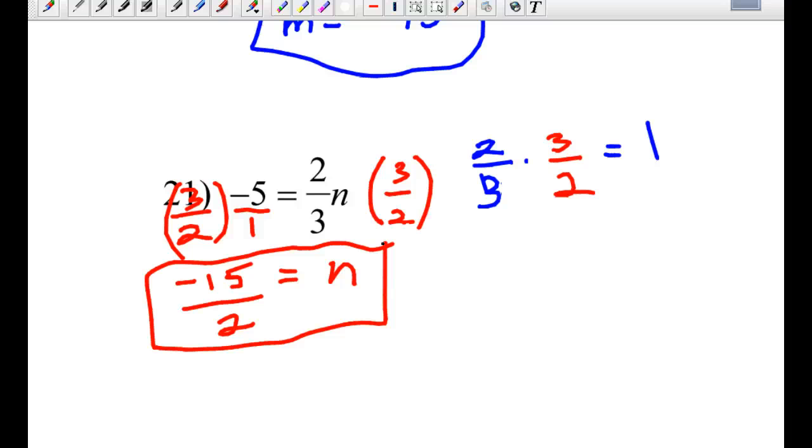In that case, a decimal would probably be good. Negative 7.5. I owe $7.50. So, in the context of a word problem, use the correct format, use the correct units. When this is not a word problem, it's just practice, reduced fraction is perfectly fine. Okay.